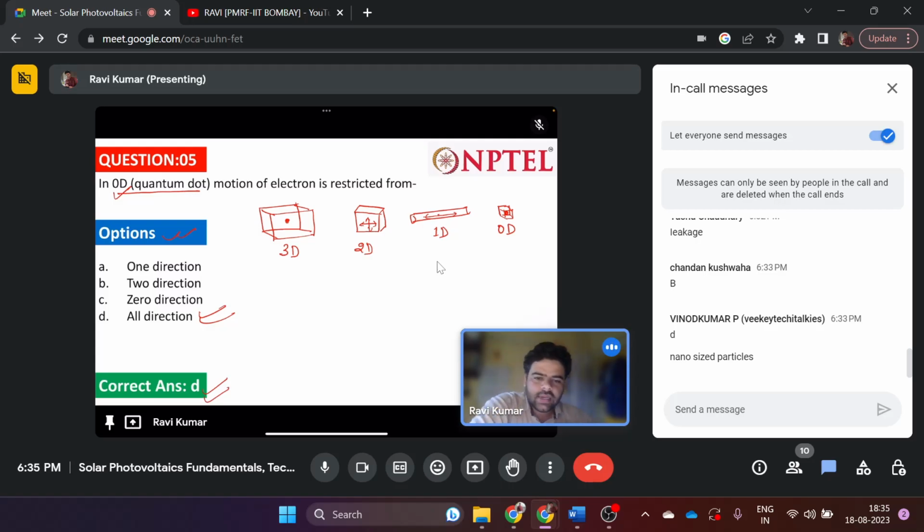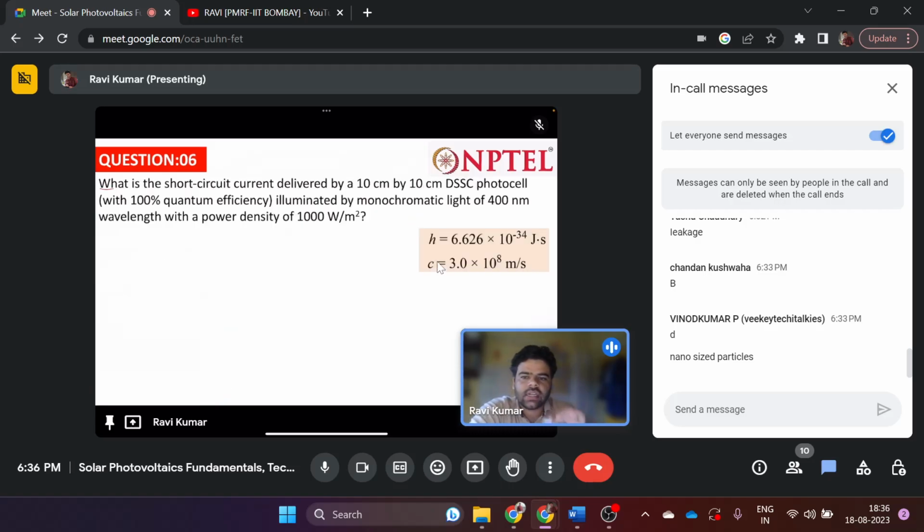Next question is a numerical, and I want you to solve it. Just take your time, because we don't have many questions regarding this week. It says, what is the short circuit current delivered by 10 centimeter by 10 centimeter DSSC photocell with 100% quantum efficiency?